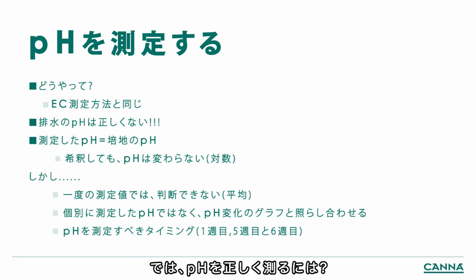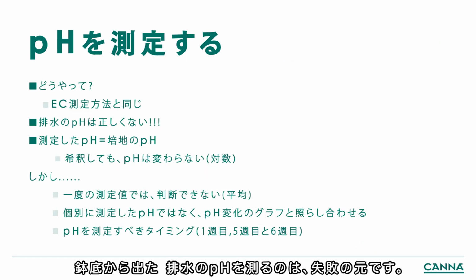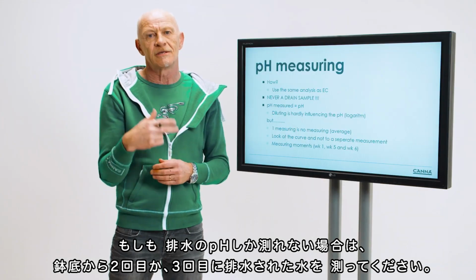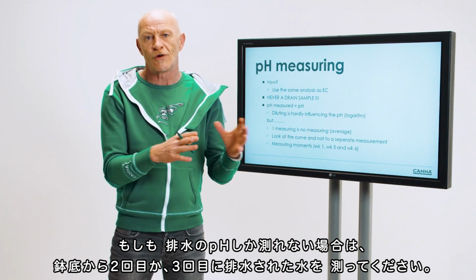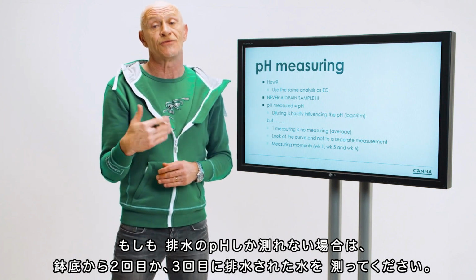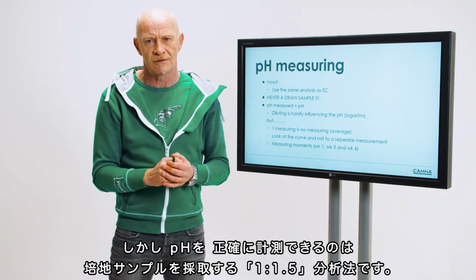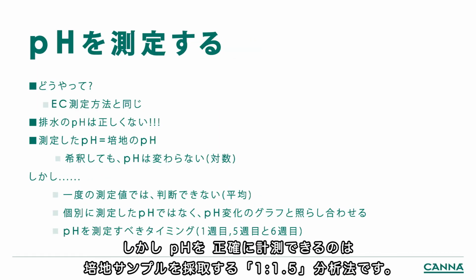But how do we measure? In general, don't take the drain sample, because it can mislead you. Often it gives the water what you were giving. If you do it, take the second or the third drain from that substrate. Actually, it's the first drain what comes out. But in general, we take an analysis from the substrate.